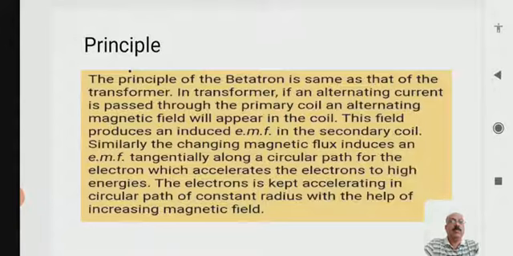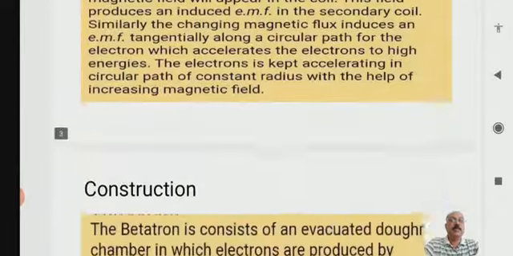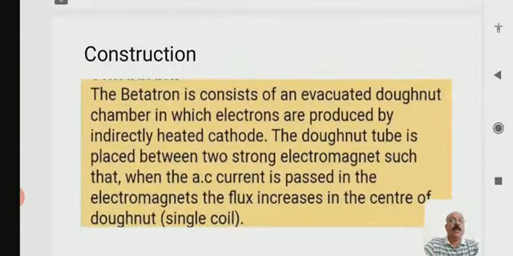Similarly, the changing magnetic flux induces an EMF tangentially along a circular path for the electron, which accelerates the electrons to high energies. The electron is kept accelerating in a circular path of constant radius with the help of an increasing magnetic field. So this is the principle of Betatron.